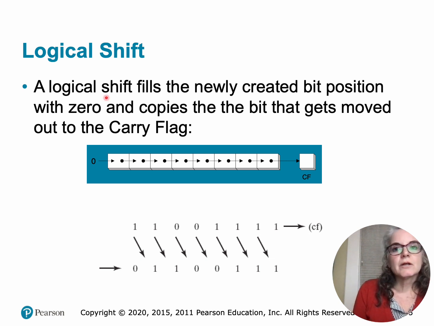So anytime we do a logical shift, whether it's to the right or the left, here we're doing it to the right, the bit that's right here, which is the least significant bit, is going to be moved to the carry flag, and this bit space that gets created will contain a 0. So 0 will be copied in this place.